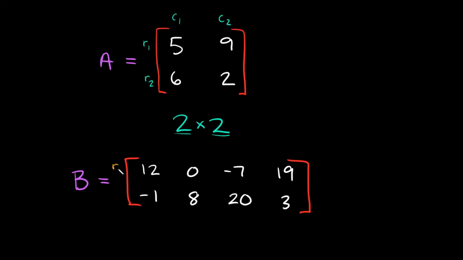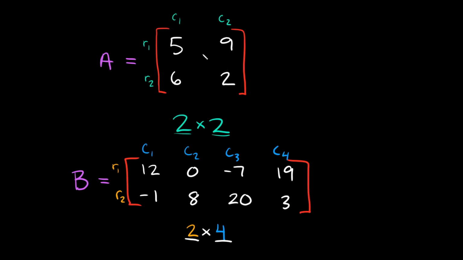Here we have two rows, and then we look at the columns: 1, 2, 3, 4 columns. So I would say it's a 2 by 4. You always list the rows first, and you always list the columns second.